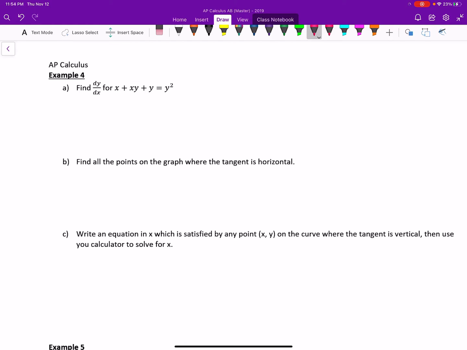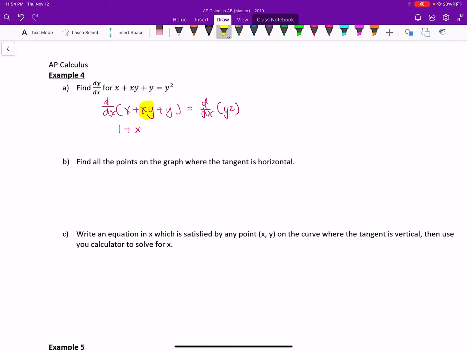So in this case, we're going to have to do d/dx of x plus xy plus y is equal to d/dx of y squared, indicating that we're taking the derivative of both sides. That's going to give me a 1 plus, now I have to use the product rule.